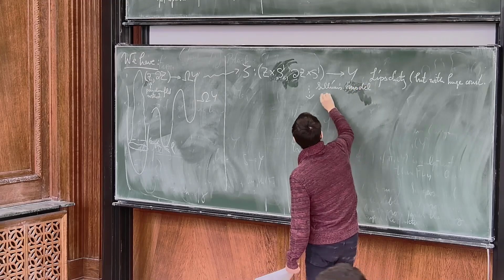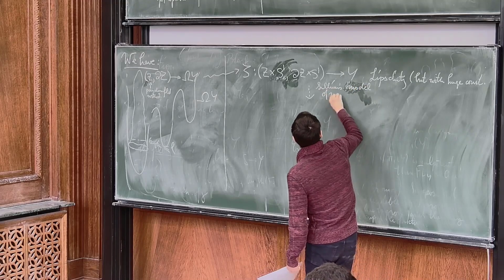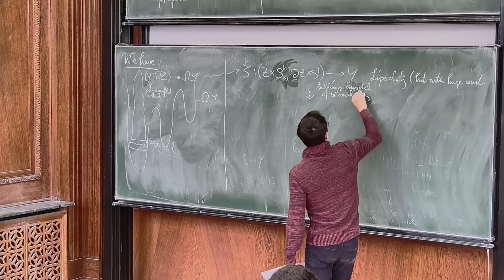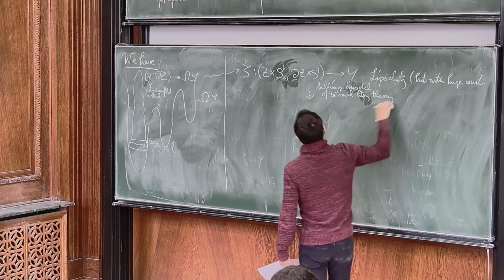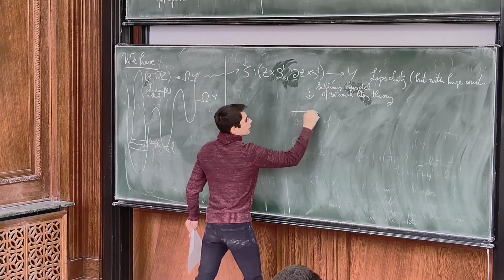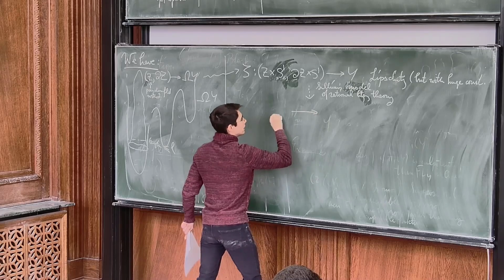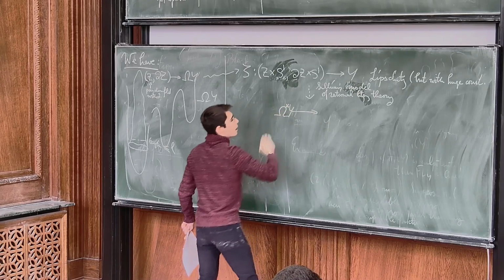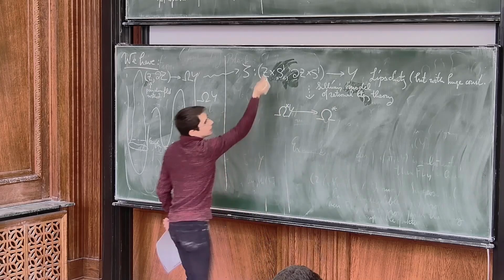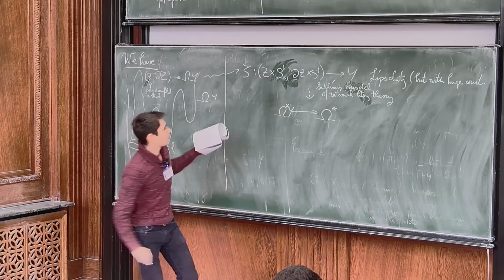and apply Sullivan's model of rational homotopy theory. So what this means is instead of taking the map, I take its pullback on differential forms, right? And okay, Lipschitz, why can I pull back differential forms?